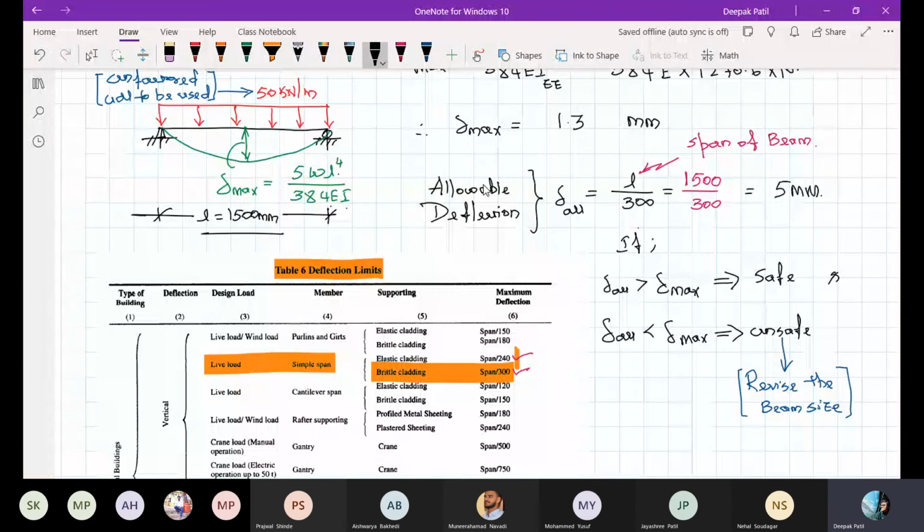So the allowable deflection is actually 5 millimeters, means up to 5 millimeters your deflection can be carried, but the maximum deflection which is coming on the beam is 1.3.